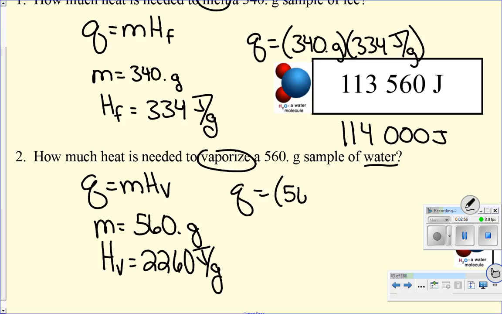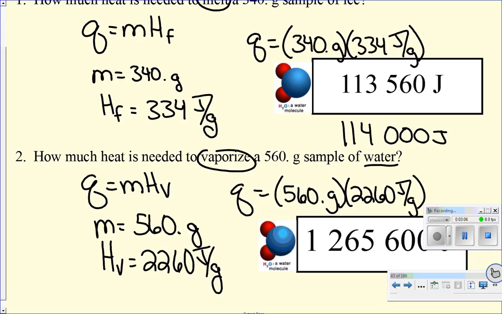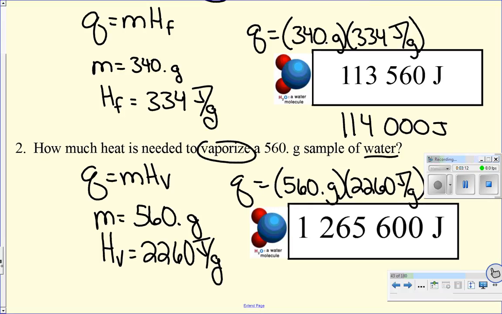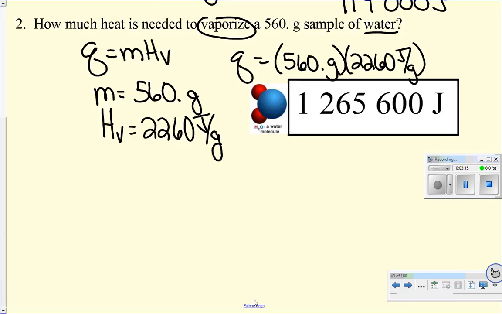Q equals 560 grams times 2,260 joules per gram. So you're simply multiplying these. Again, you're going to get a big number for this. The heat of vaporization is big, so that makes sense. And if we needed to show this with proper significant figures, we're able to have 3. So 127,000 joules with proper sig figs.